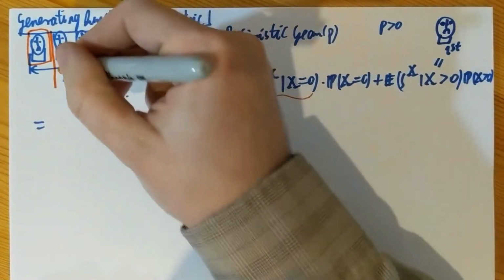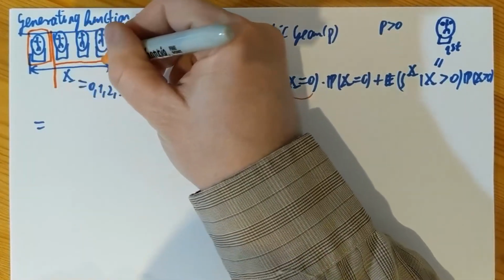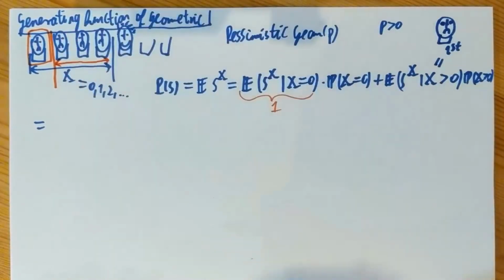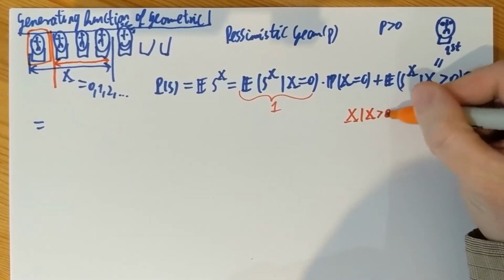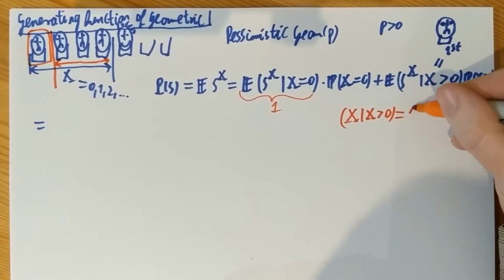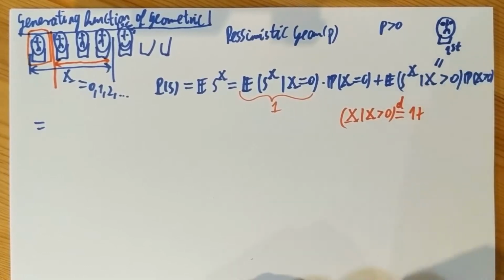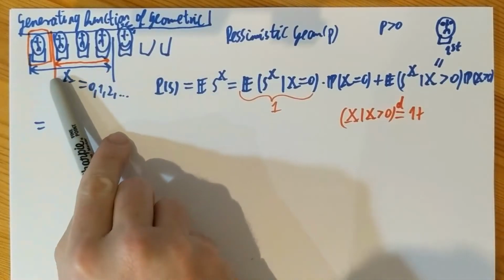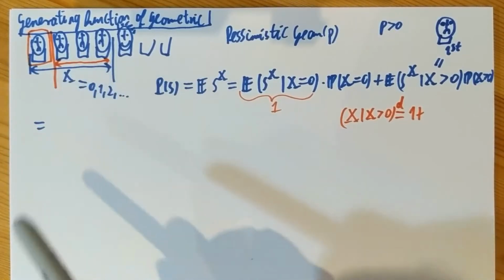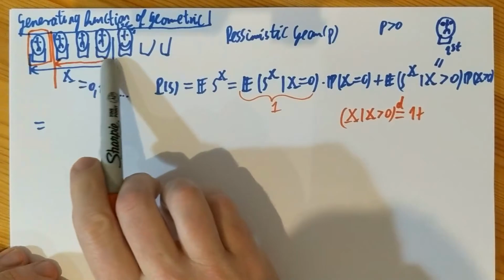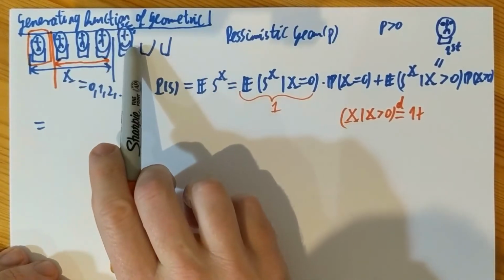So now I know that this happened here. Now I'm here and I'm looking into the future. What can I say? The thing I can say is that X, given X is positive, is in distribution the same as one failure plus what follows. Looking into the future, I start doing my experiments and count the number of failures before my first success.